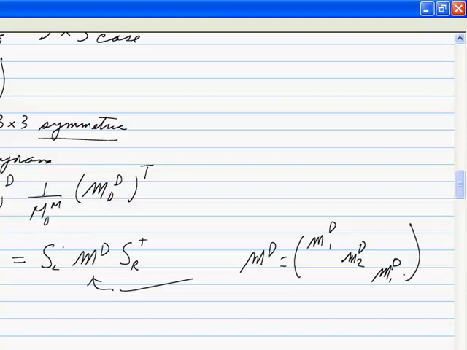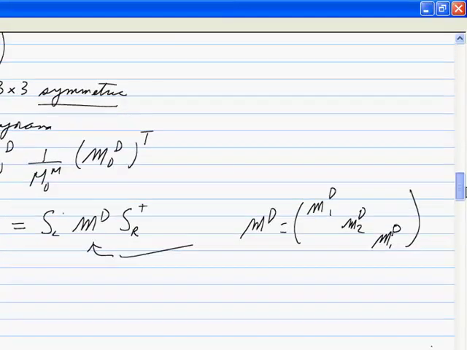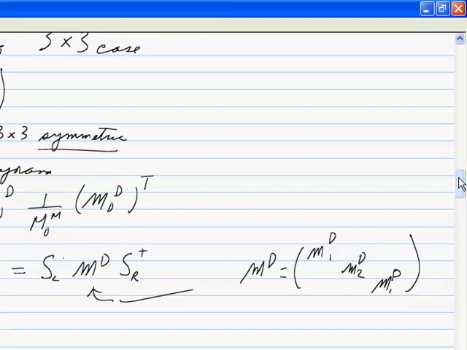But those are not the physical masses, so we have to hold off a little bit. I'm not going to call them M1, M2, M3 because that's going to be our end answer. So let's imagine we know how to diagonalize that.